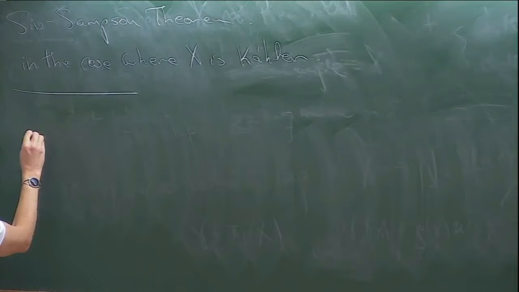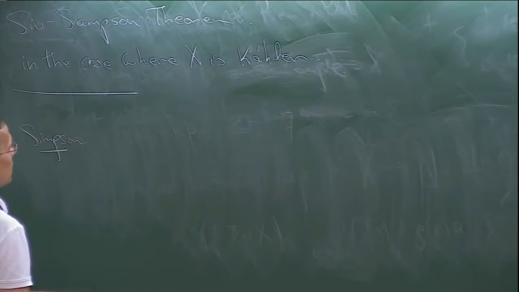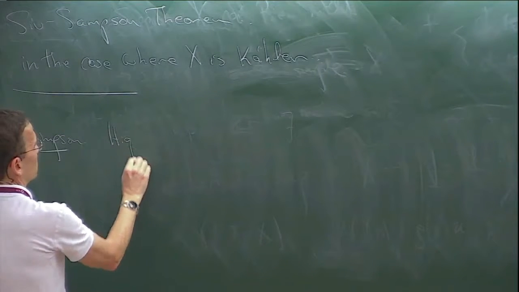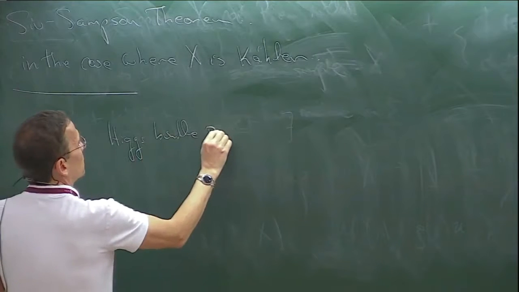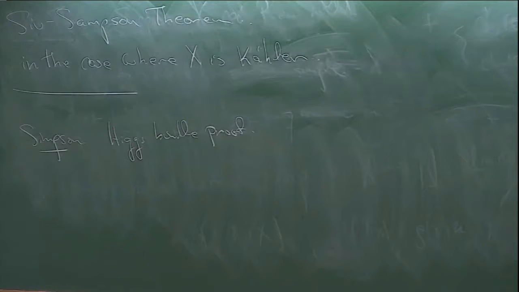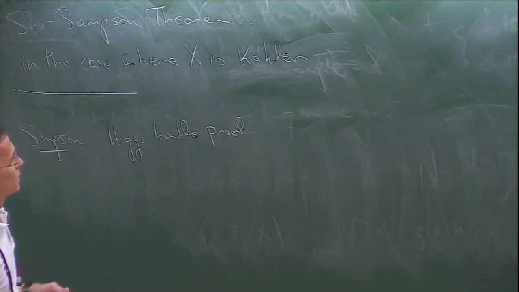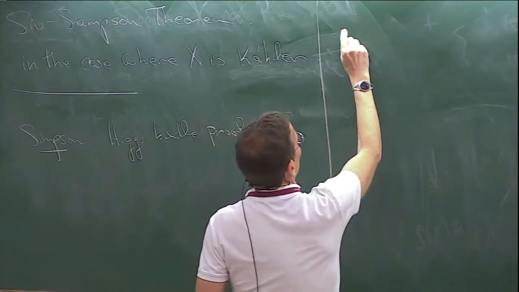I'm going to give a proof of this, which is basically due to Simpson, and it's kind of a Higgs bundle proof. The Simpson theorem holds in much more generality than we're talking about here, but in the particular case where the target is a symmetric space, you can give a Higgs bundle proof, and that's what I'd like to do now. So let me start by setting up the general formalism.